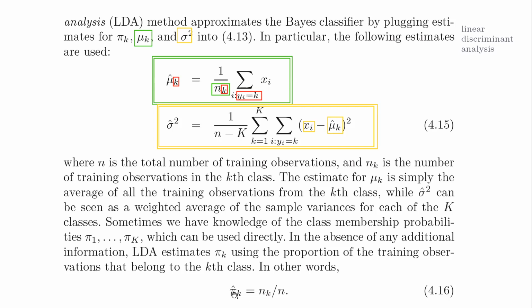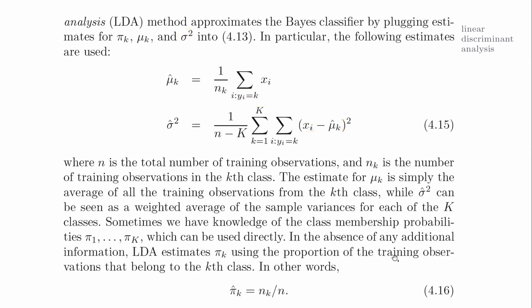Pi k, so pi seizure, is the number of patients in our data set who did suffer a seizure divided by the number of patients. So I think next to everything we did yesterday, I feel that this is more straightforward.